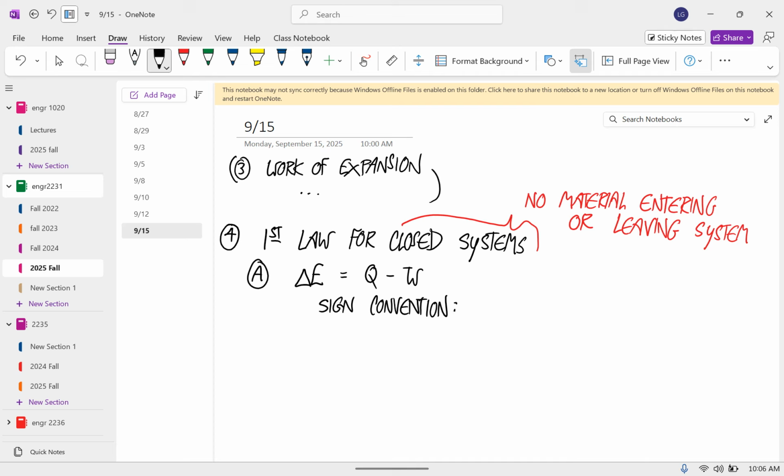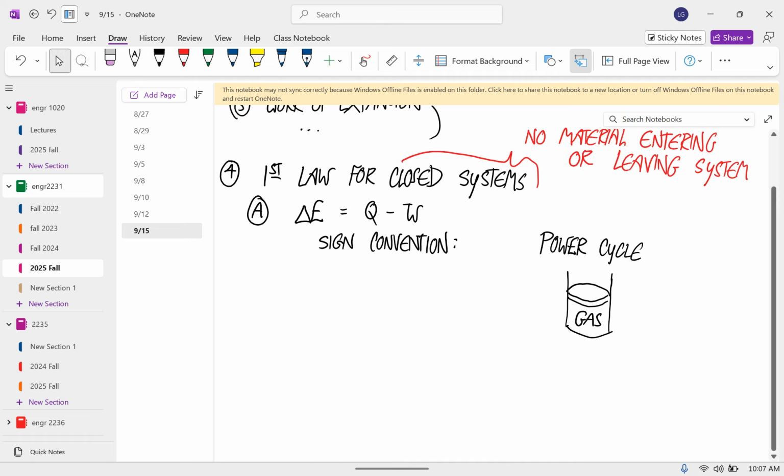The sign convention makes sense if you think about what happens in a power cycle. So let's imagine a cylinder with a piston, and our closed system is a gas. And we heat it up, and that makes the piston go up.